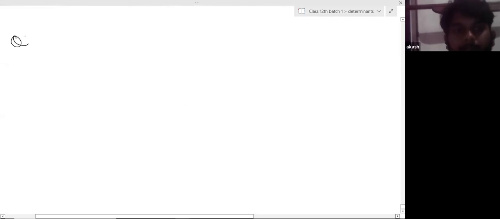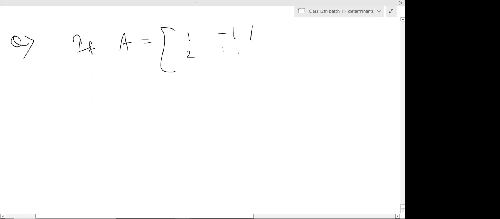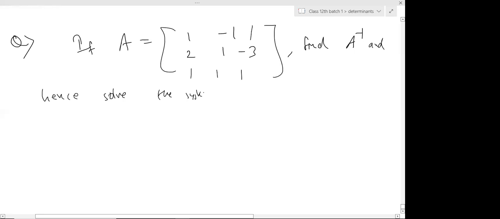Let's try another question. A matrix is equal to 1 minus 1 1, 2 1 minus 3, 1 1 1. Find A inverse and hence solve the system of linear equations. Note down the question.